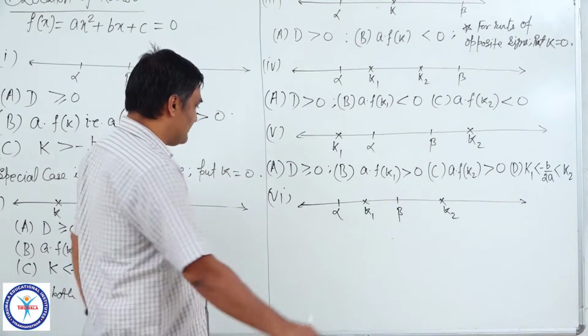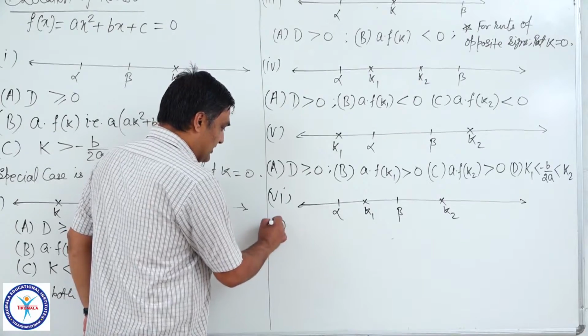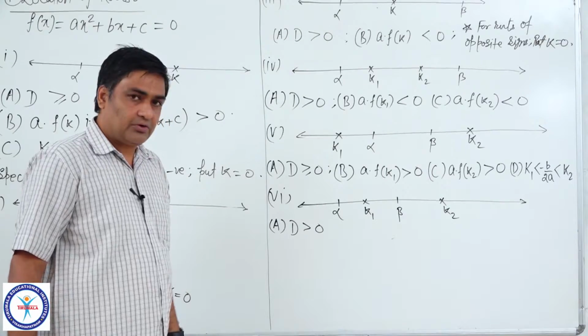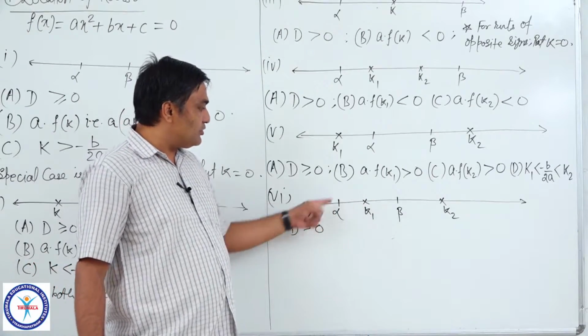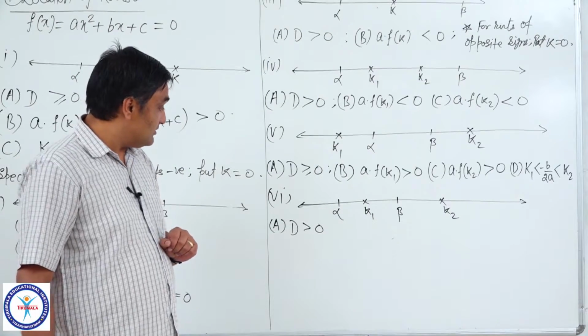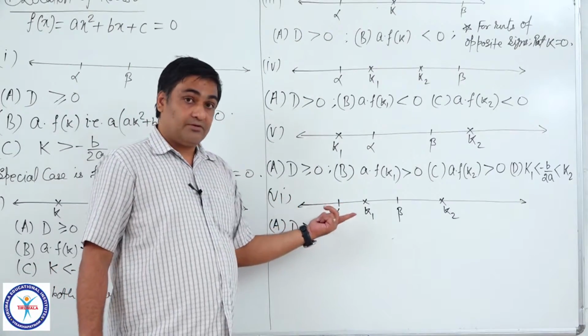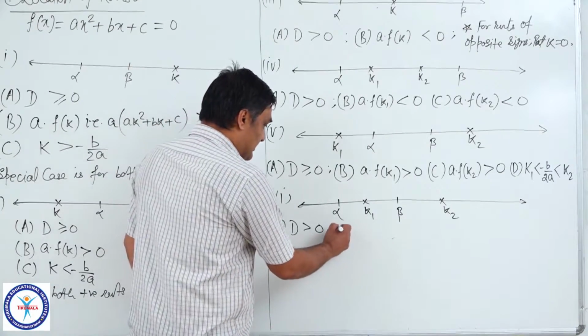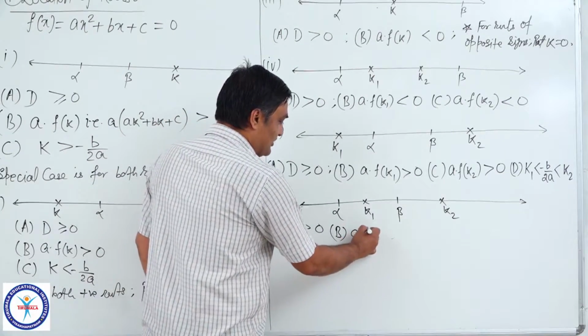Now impose conditions. What about D? Greater than 0 or greater than or equal to 0? Greater than 0, because one root is less than k1 and the other is greater than k1. Fine. So, the next condition: what is a into f of k1?